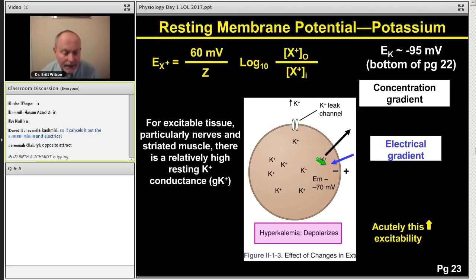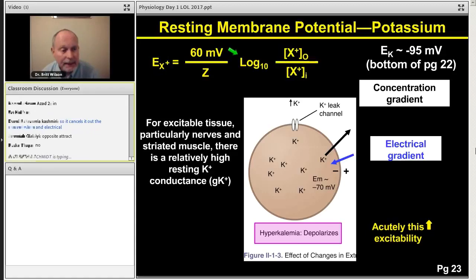Now, hyperkalemia will depolarize. If you love math equations, plug it in, and the change in equilibrium potential will tell you. If you don't want to use the math, if you don't want to memorize this, let me show you an easy way to remember. Hyperkalemia means increased potassium outside the cell.